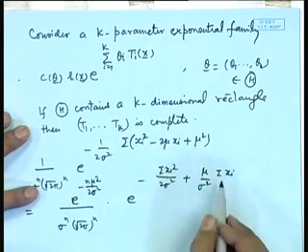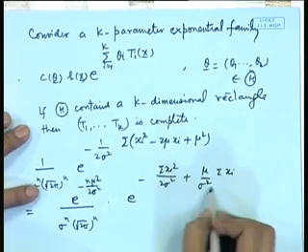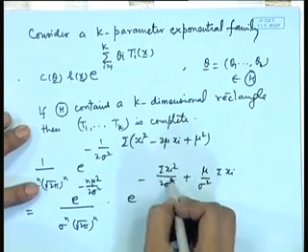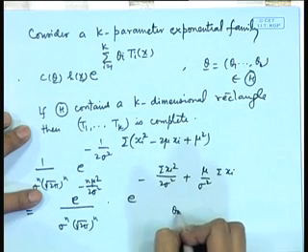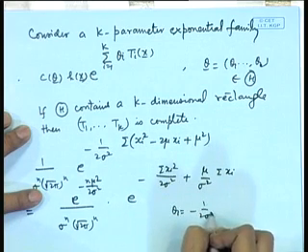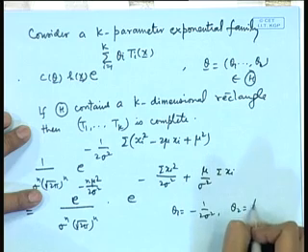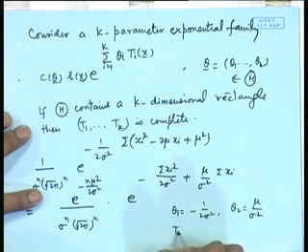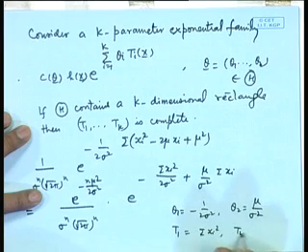If we write it in this fashion, you can see that we can consider it as a 2-dimensional parameter. Theta 1 we can take to be minus 1 by 2 sigma squared, theta 2 we can take to be mu by sigma squared, T 1 we can take to be sigma x_i squared, and T 2 we can take to be sigma x_i.